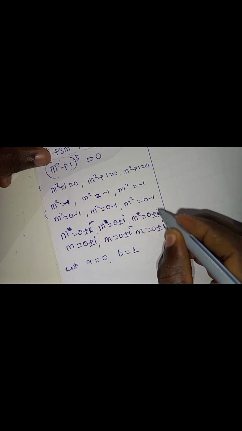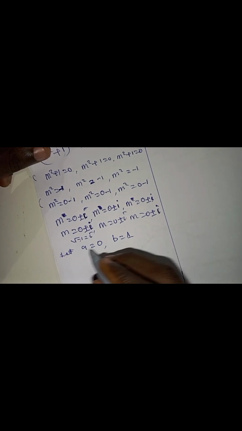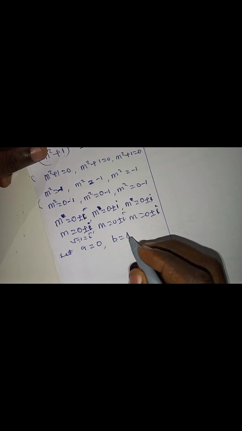If I take the square root of a negative value, I obtain i, because root minus 1 is the same thing as i. So this is plus or minus i, and all these are i. So a equals 0 and b equals i.